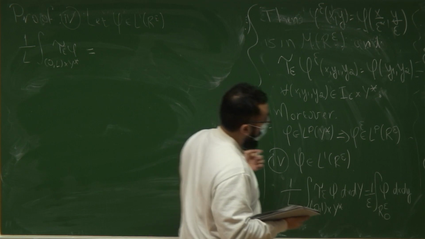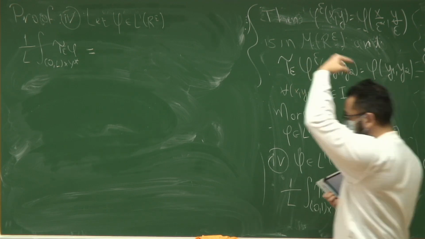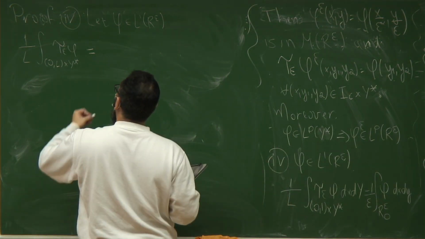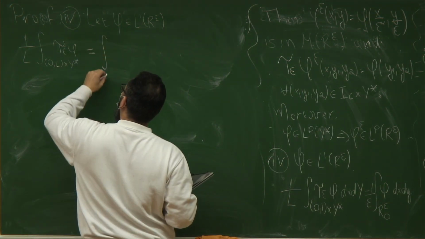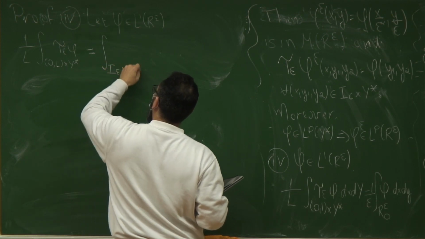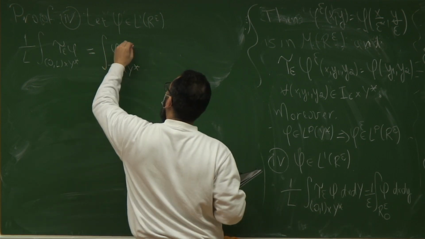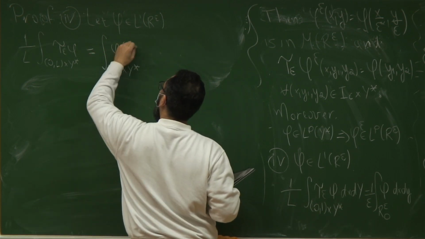Recall that the unfolding of the function is this, in I epsilon times y star, and 0 in the remaining of the domain I just erased. So this will be the I epsilon of what?